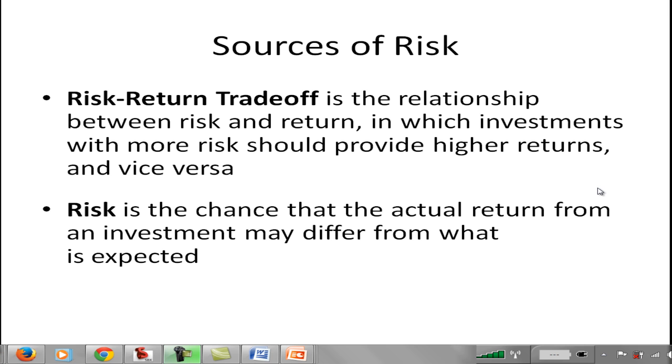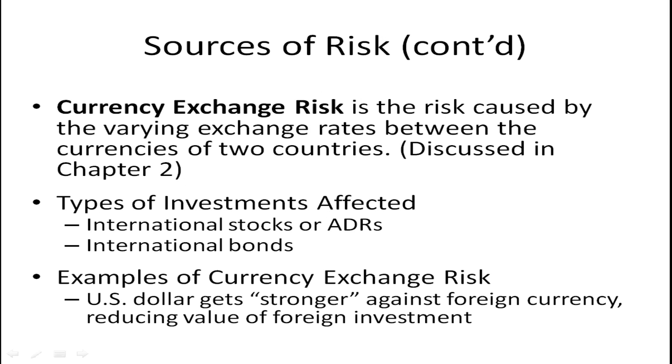So one of the first types we can look at is exchange rate risk, or currency exchange risk. That has to do with fluctuating exchange rates. If you happen to be purchasing foreign securities or you're investing overseas, the exchange rate may change.